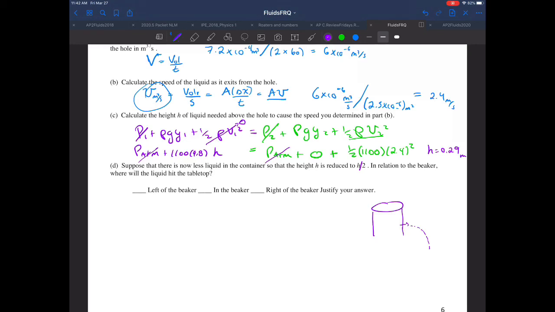It will still have the same time to hit the table because the overall y value hasn't changed. But the velocity that you're traveling in the x direction is less. The delta x over t is now going to be less because the rho g h, there won't be as much h on top, which we just solved from above. So it'll be left of the beaker. It will not go as far.